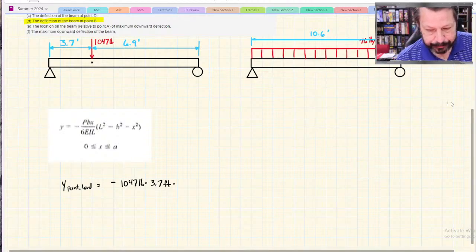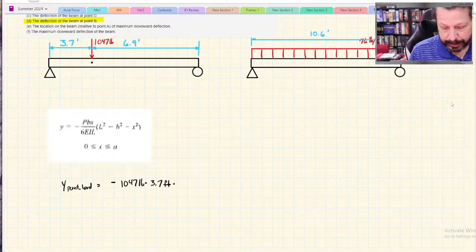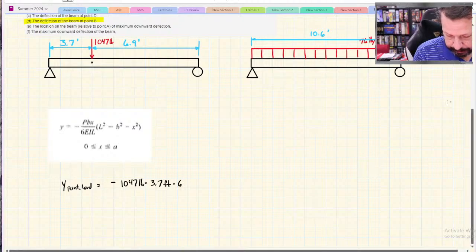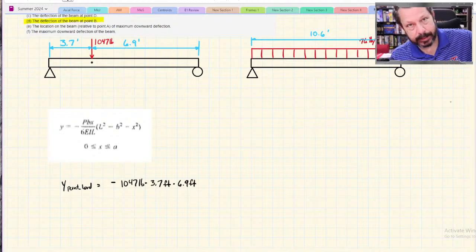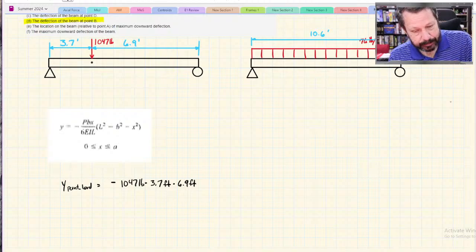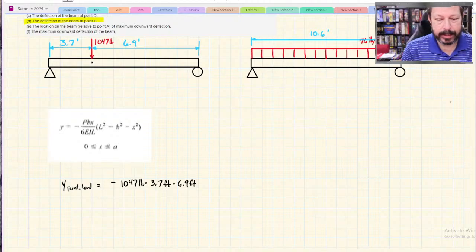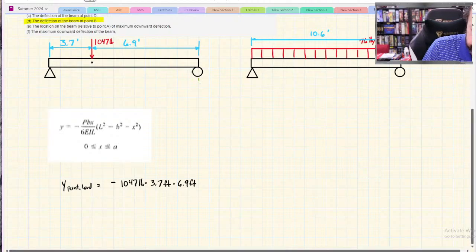X in here is actually 6.9 feet. That's weird, because normally we measure X from the left going towards the right, but our diagram says to start at the beginning of the longer distance and measure that way. So X is actually measuring from here, this way.